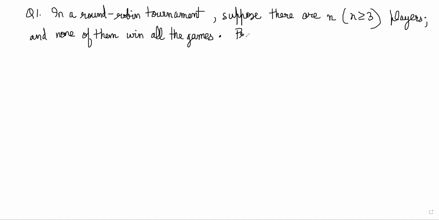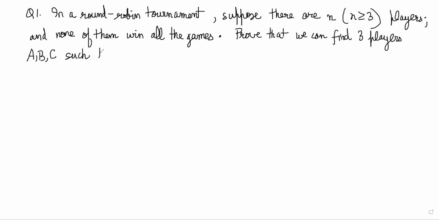Now we have to prove that we can find 3 players, A, B, and C, such that A beats B, B beats C, and C beats A.